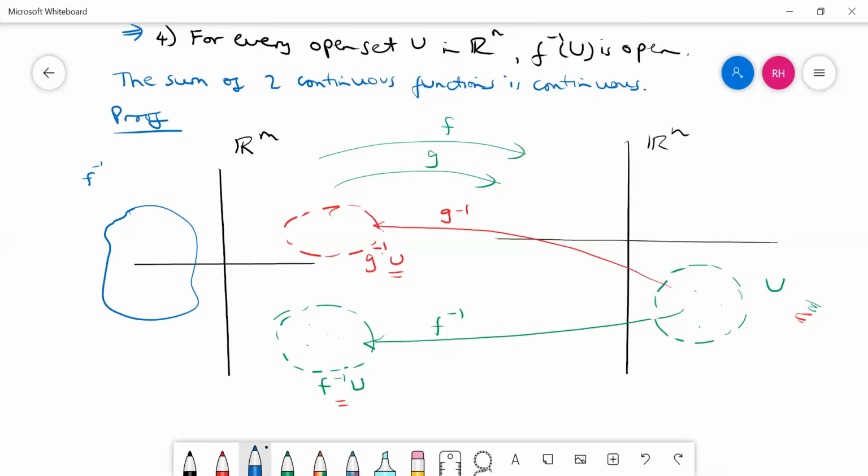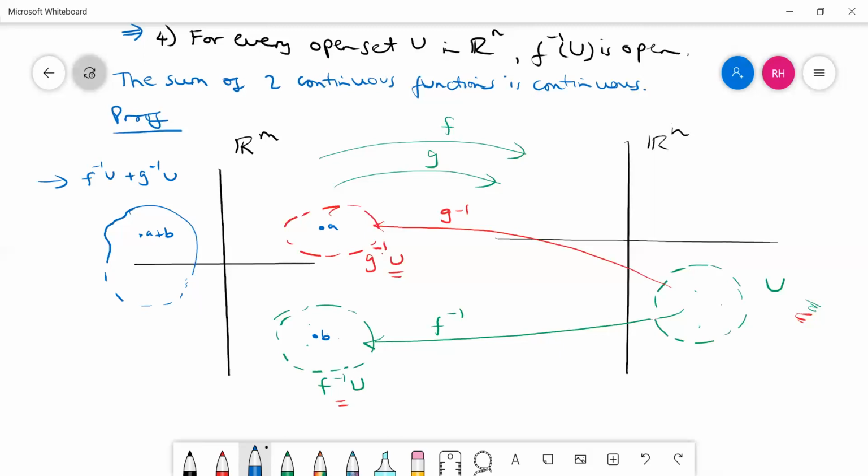So it's f negative 1 of U plus g negative 1 of U. And just to try and illustrate the point, what I've done here is I've just added up an element from here and an element from here. So this might be, call this A and this is B. Then this point over here will be A plus B, whatever that turns out to be.